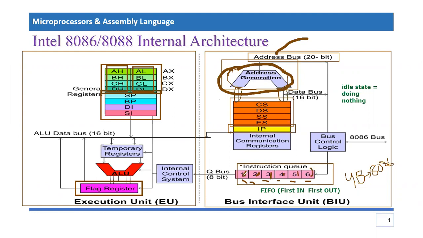The very first byte which came first will come out of this queue and go inside this execution unit first. That is called the first in, first out approach. That means the byte which comes first will be served first, in this manner, right? That is the FIFO approach followed by the instruction queue. So this is the simplified explanation of the internal architecture.